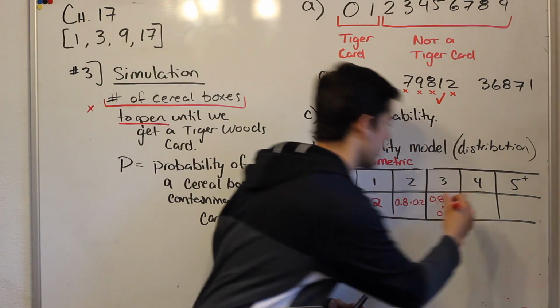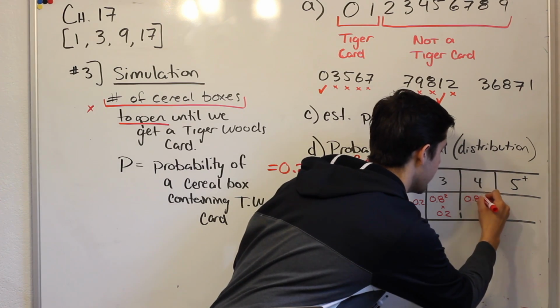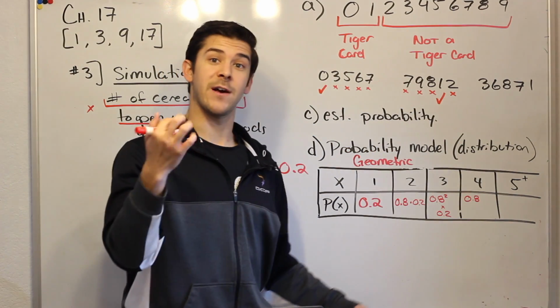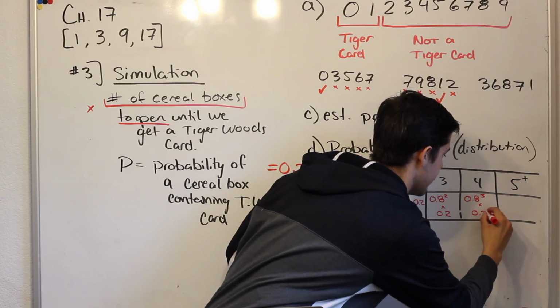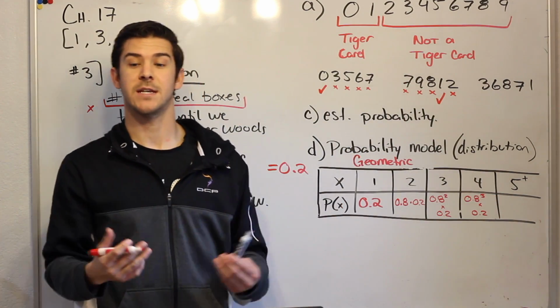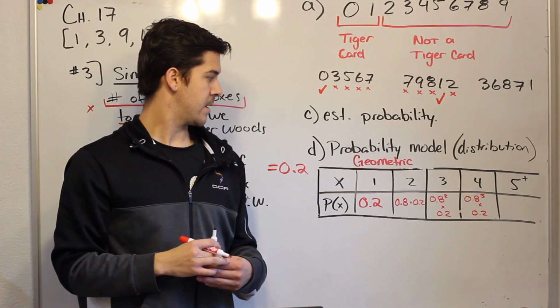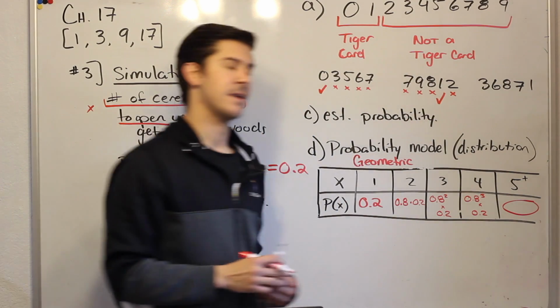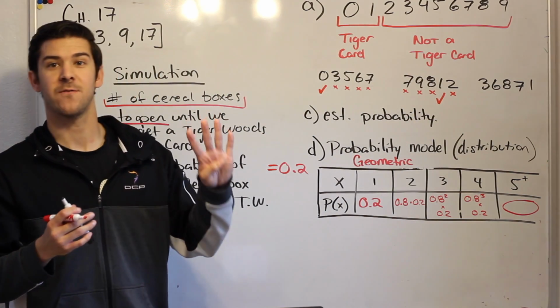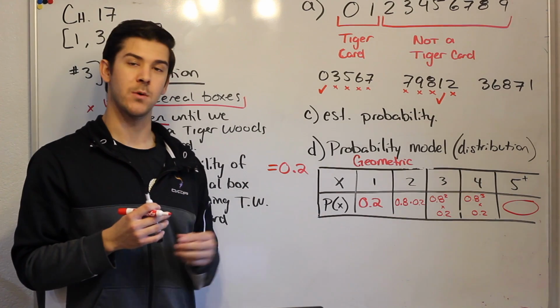We can continue. We have 0.8. For 4 boxes, we fail 3 times. And then a 0.2 chance of us succeeding the next time. In order for us to figure out what goes in this 5th box, yes, you can do 0.8 to the 4th power multiplied by 0.2.